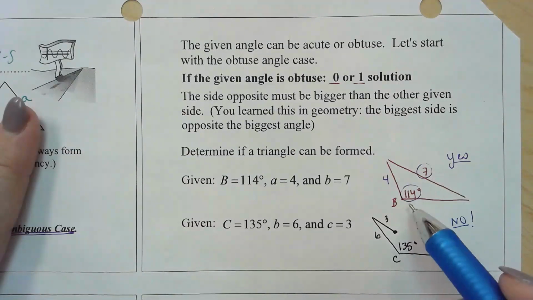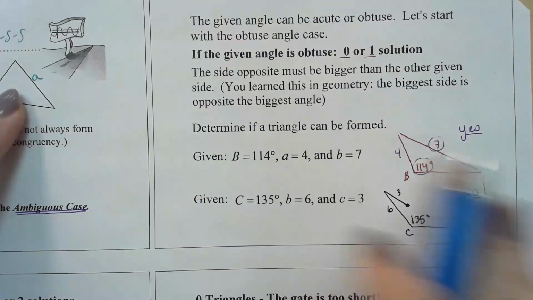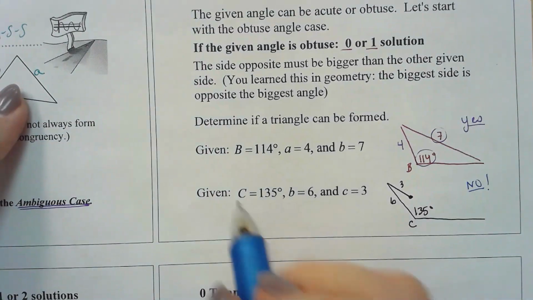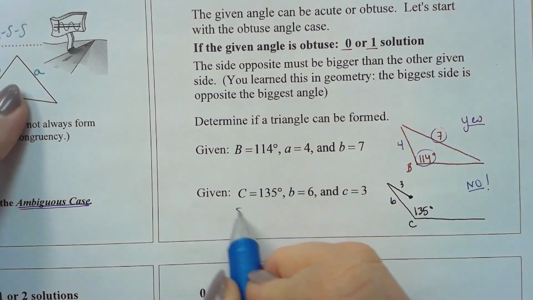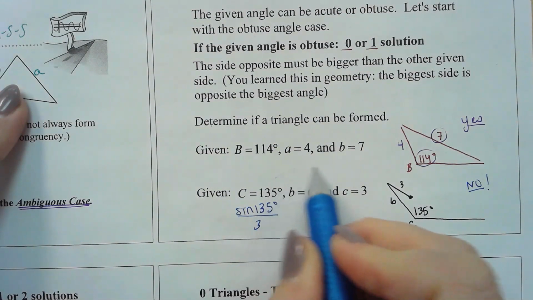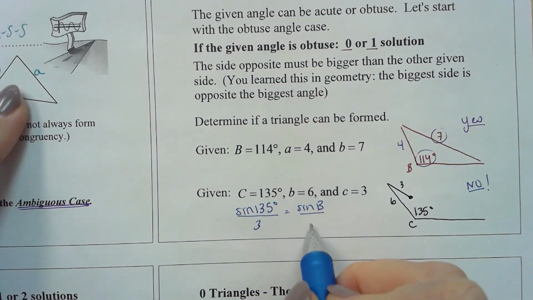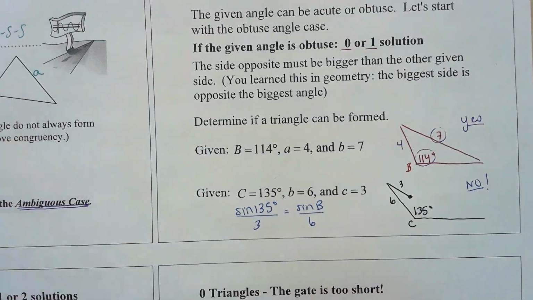Here it is, yes. Now, maybe you forgot to ask this question. Here's what we can also do. We can say the sine of 135 degrees over its opposite side equals the sine of angle B over its opposite side, which is 6. And we could start solving this. I'm making sure my calculator is in degrees.